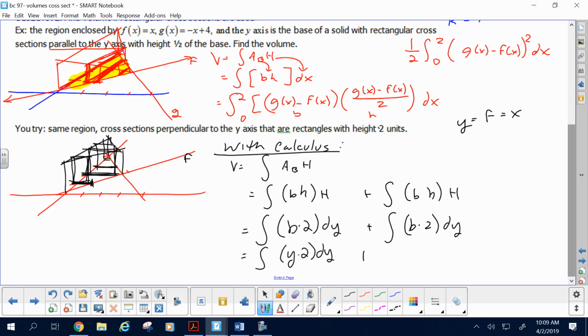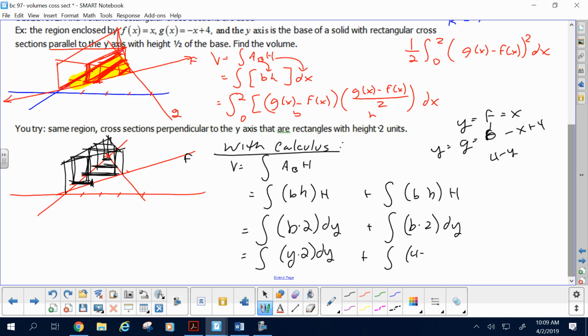In the next region, right minus left, but this time the right is not f anymore, now it's g. If g is negative x plus 4, then in y terms, wouldn't this be 4 minus y?